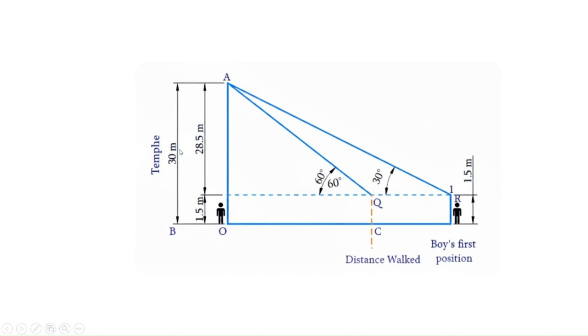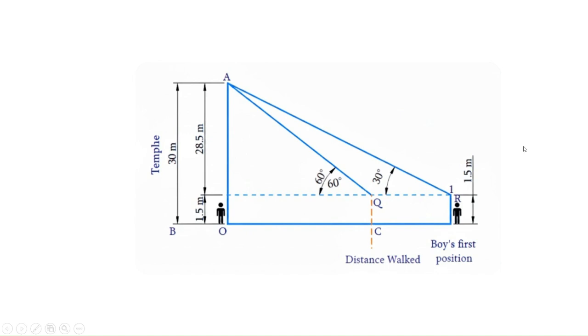So here only one point that we have found out, that the effective height of the temple that the boy could see is 28.5 meters. This should be noted down. We have subtracted the height of the boy from the height of the temple, as we are considering the angle of elevation from his eye. Clear? If this point is clear, it is easy for us to find it out.